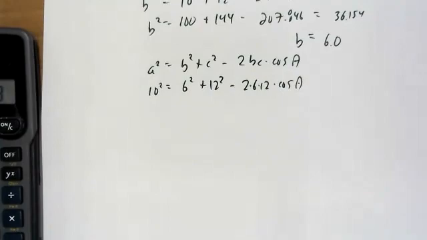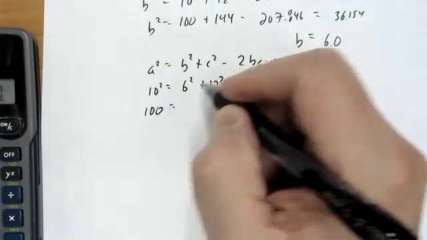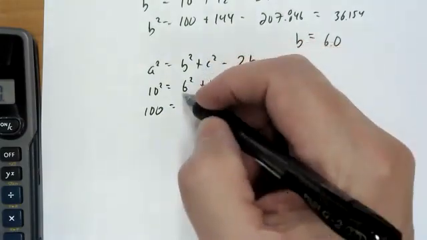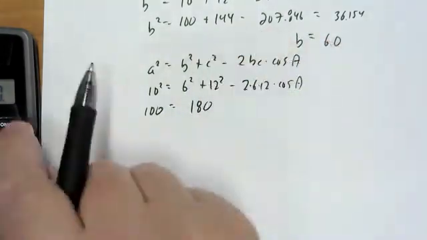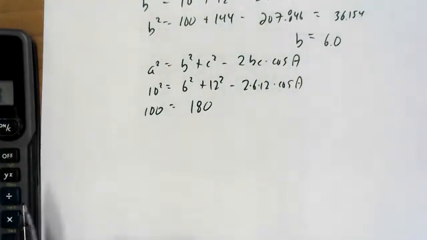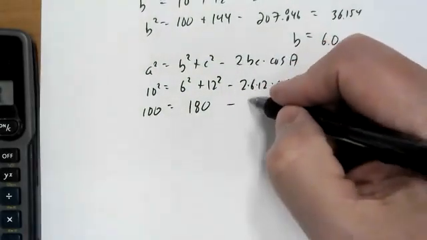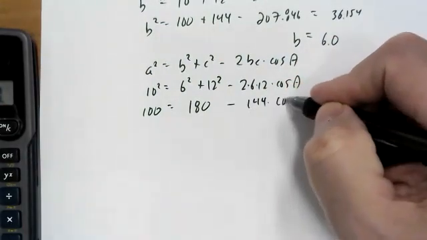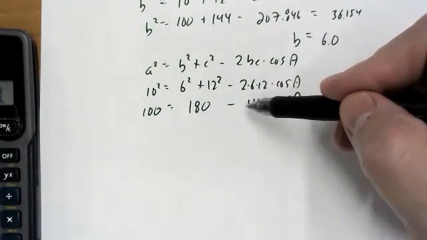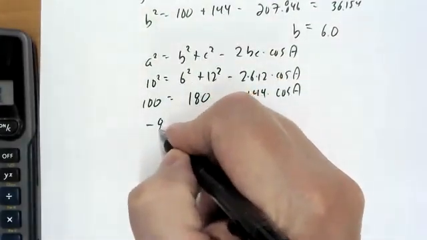You gotta be careful with the math here. A lot of students mess up. So you got 100. I'll combine these two together. It's 36 plus 144. Pretty sure it's 180. Now this is 2 times 6, which is 12. This is minus 144 times cosine of A. Well, what a lot of students want to do is take 180 minus 144, but you cannot do that. Instead, you subtract 80 from both sides.